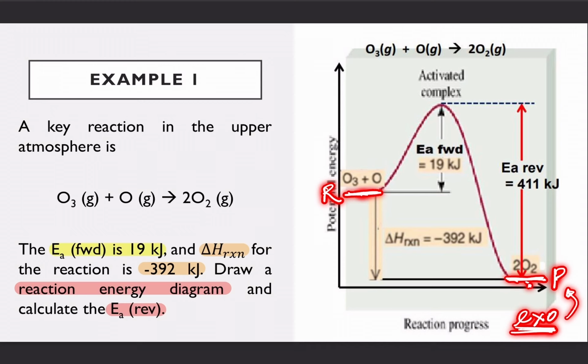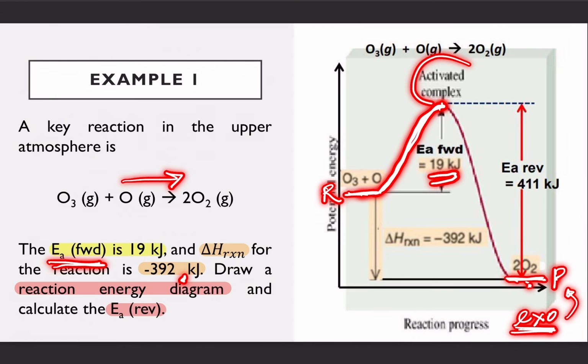Okay, so then you already know the activation energy for the forward reaction, right? For this exothermic reaction, that means that you will need to draw your hill lah. Your reactant must gain this minimum amount of energy, your EA forward, 19 kilojoules. Okay, and then form your activated complex, and then it will go down, lose energy to form your products.